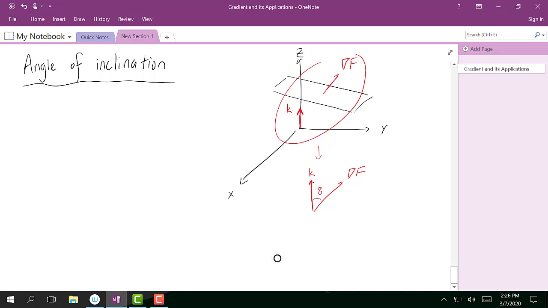From our equations, we know that the gradient of F dotted with k, as we've seen a couple times before, is going to be the magnitude of the gradient of F times the magnitude of k times the cosine of the angle between them, which we just called q.